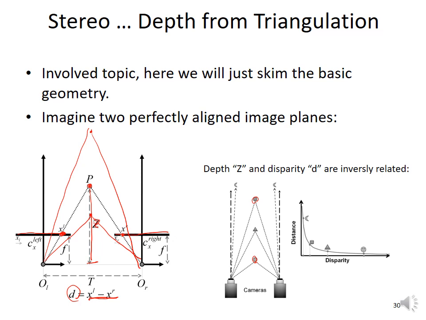As the disparity becomes smaller, the distance becomes larger, and when the disparity becomes bigger, the distance Z becomes smaller.